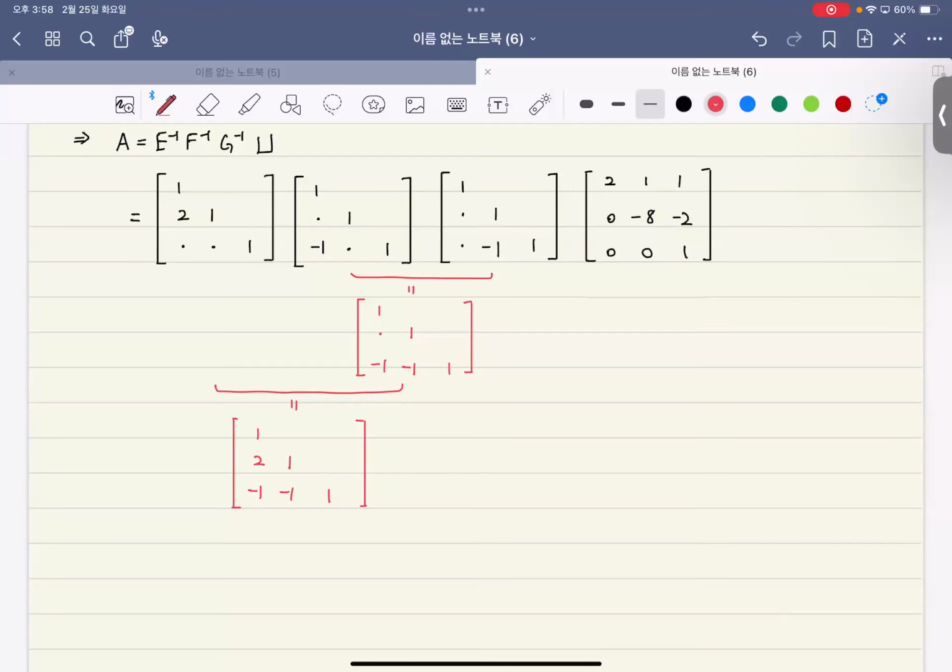What it means to multiply by an elementary matrix: here this entry is -1, so this entry is located at the third row and first column.